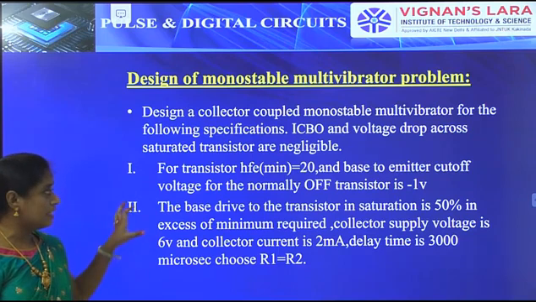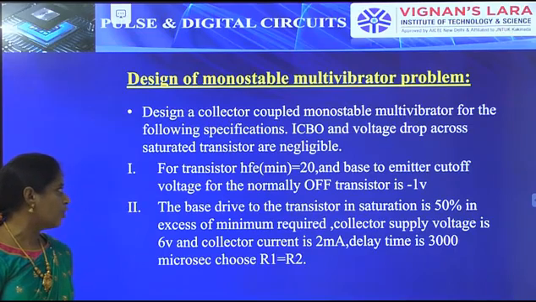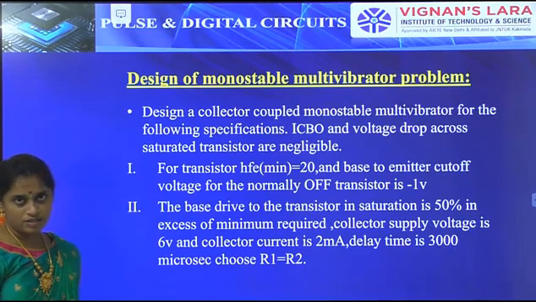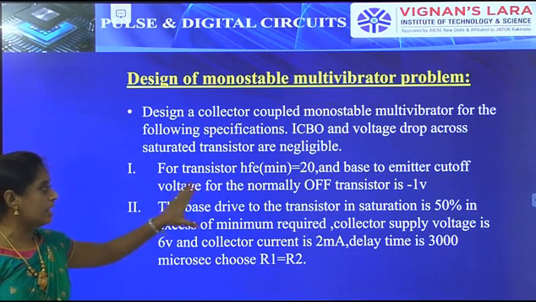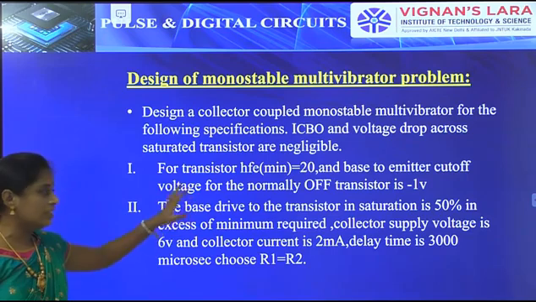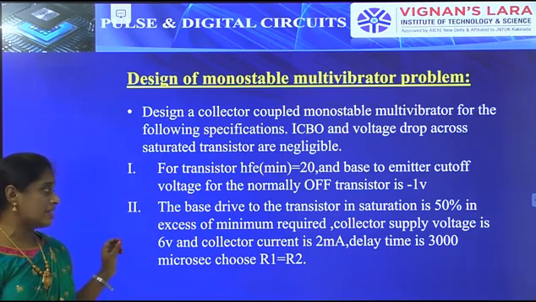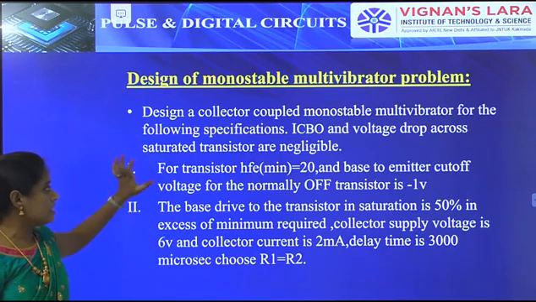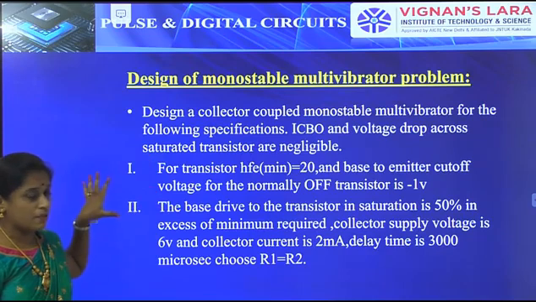For the transistor they give the HFE minimum and the base to emitter cut-in voltage for the normally off transistor. As we know, the normally off transistor also has some cut-in voltage, which will be minus 1 volt.